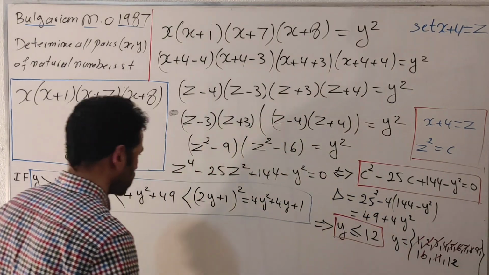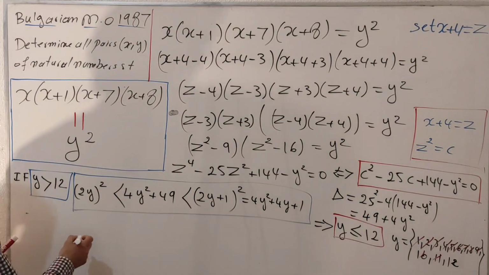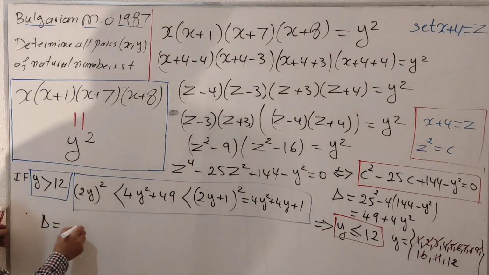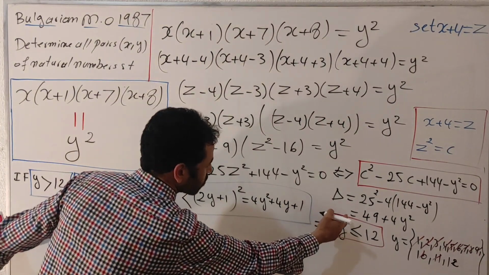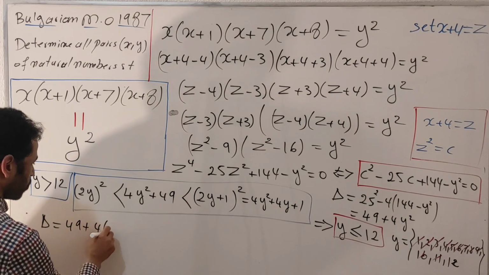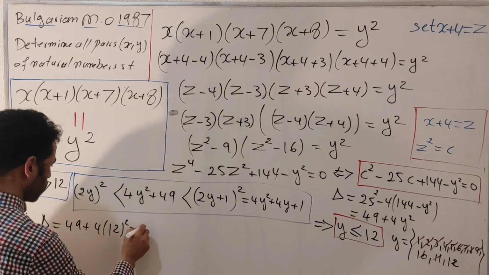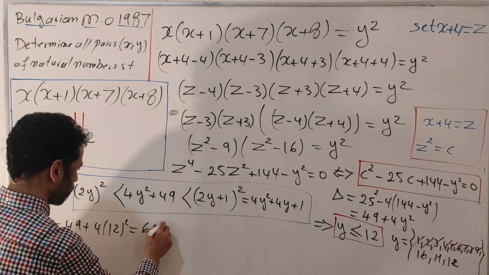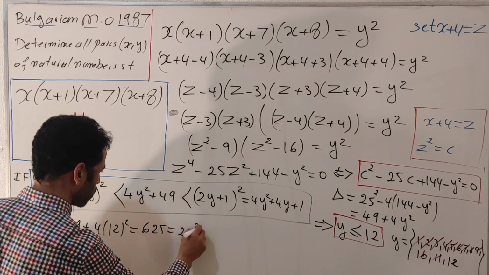Okay, so the only solution that we have is delta equals 49 plus 4 multiplied by 12 squared, which is 625, which equals 25 squared.